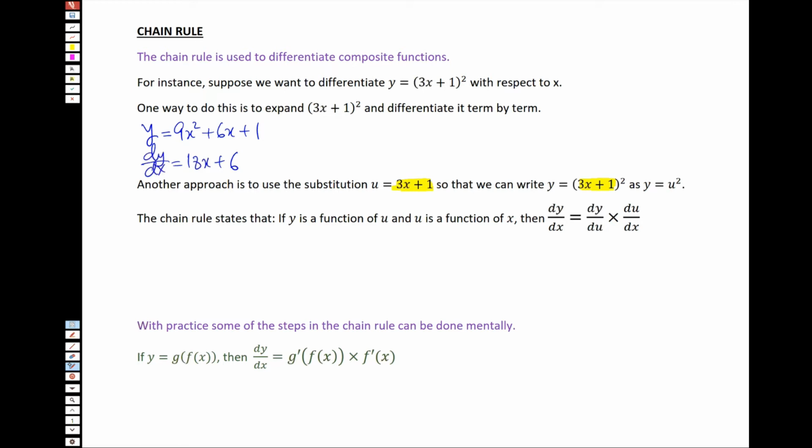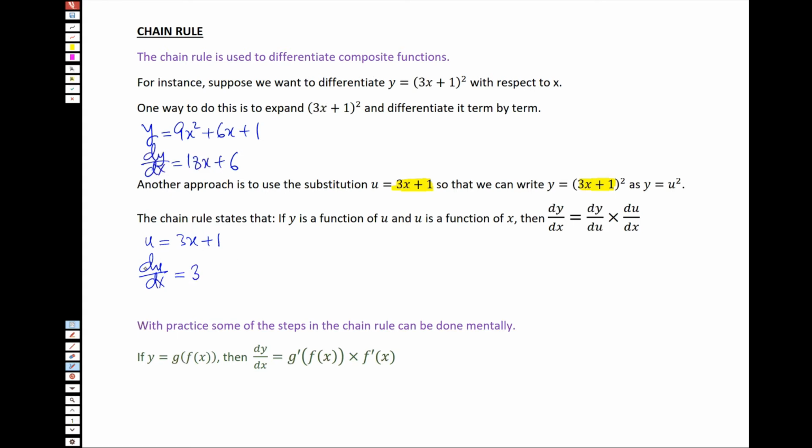So let's start from the very beginning. We said let u be equal to 3x plus 1. So here you can see that the variable is x and u is a function of x. So you can differentiate this function with respect to x. So we'll end up with du over dx being equal to 3.